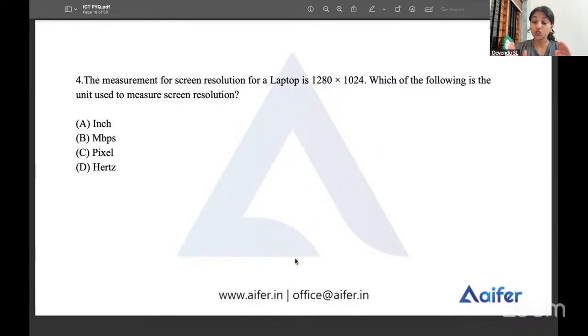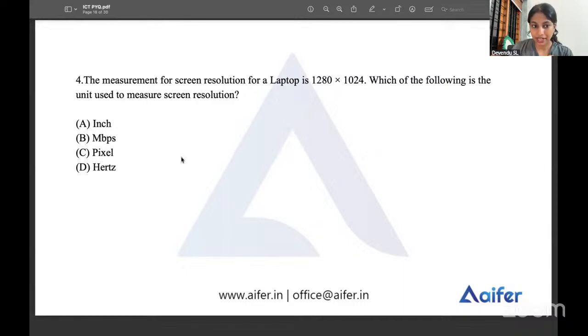All our phones and laptops have screens, right? The screen resolution can be measured using which unit is what the question asks. So we have inch, Mbps, pixel, and hertz.